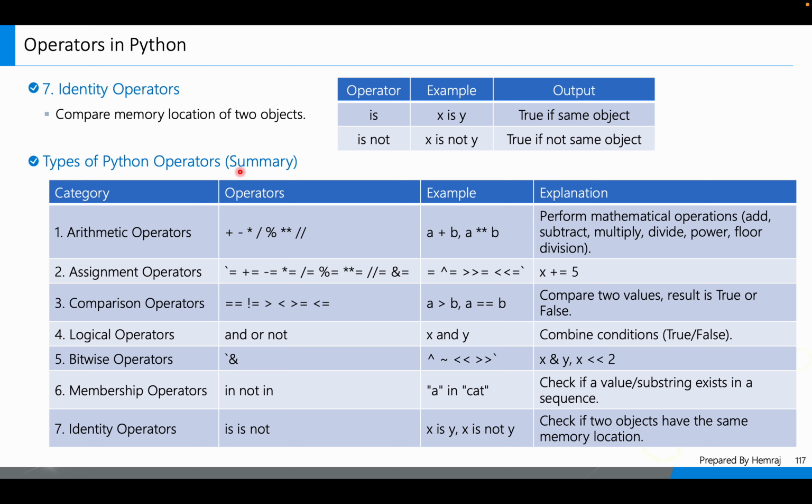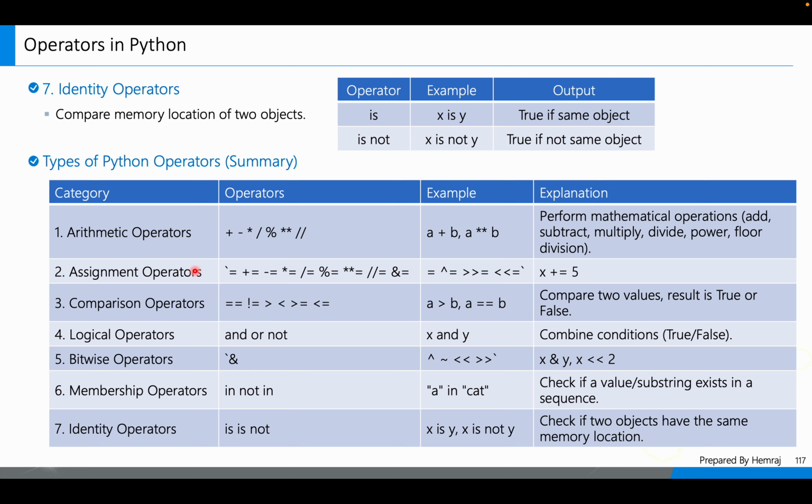Then types of Python operators. This is the summary of the Python operators. These are arithmetic operators, assignment operators, comparison operators, logical operators, bitwise operators, membership operators, identity operators. Arithmetic operators are the basic arithmetic functions, addition, subtraction, like that. They perform mathematical operations: add, subtract, multiply, divide, power, floor division.